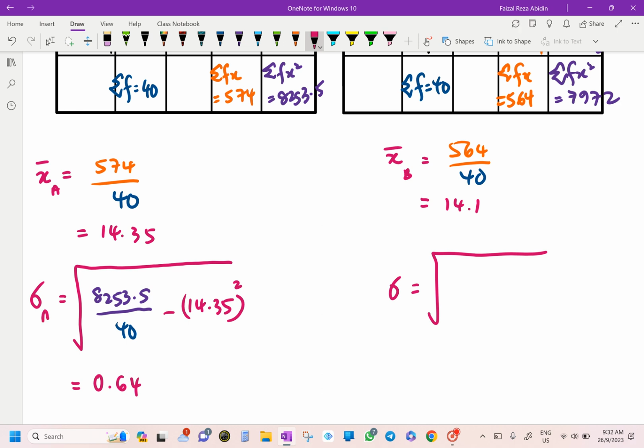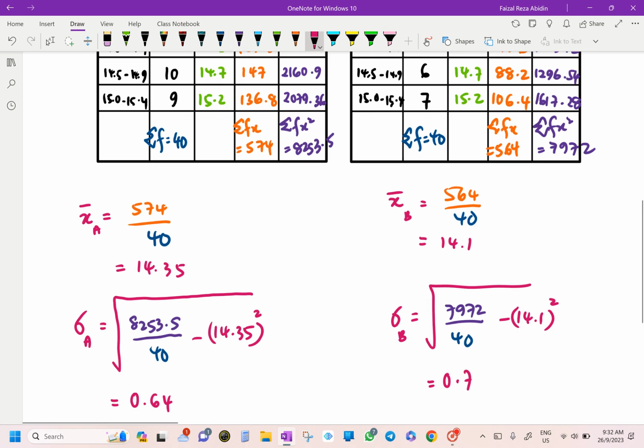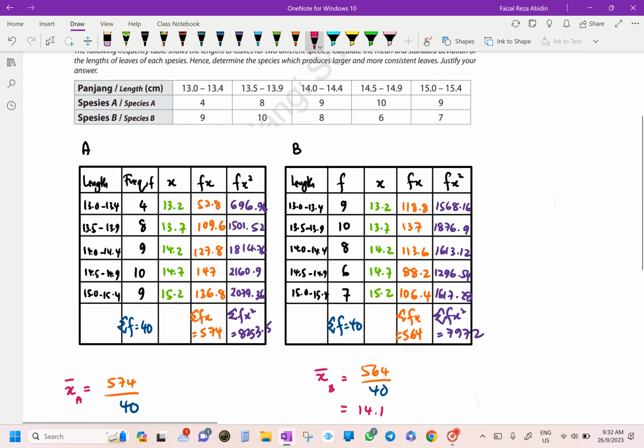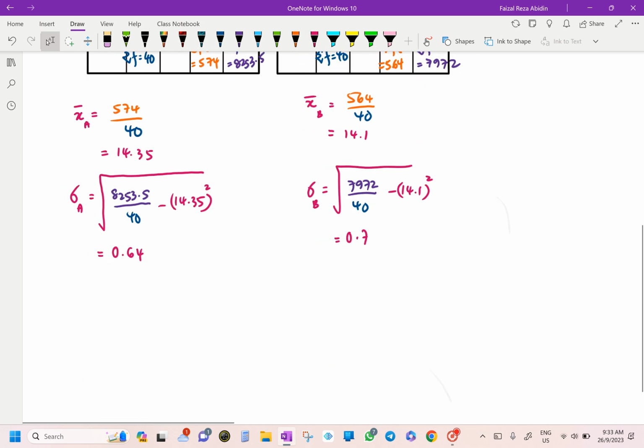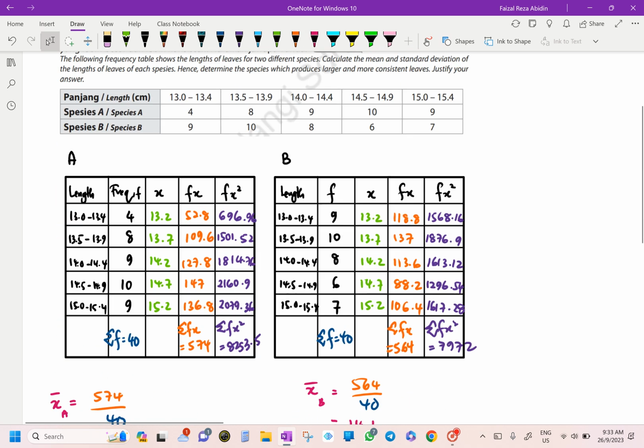The standard deviation for species A is 0.64. For species B, the square root of 7972 divided by 40 minus 14.1 squared. Using your calculator, 0.7. This is the length of the leaf.